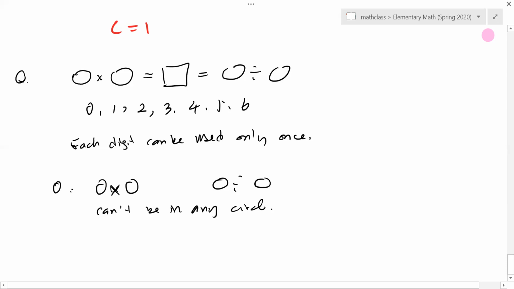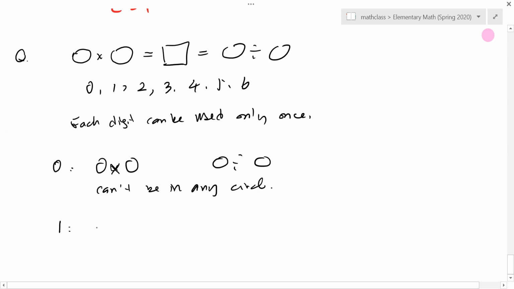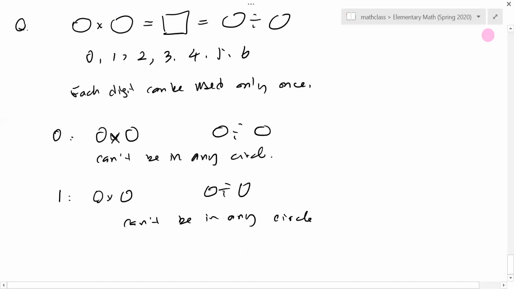And if you divide 0 by another number, it also gets 0, so you will get 0 in the square. So 0 cannot be in any circle.